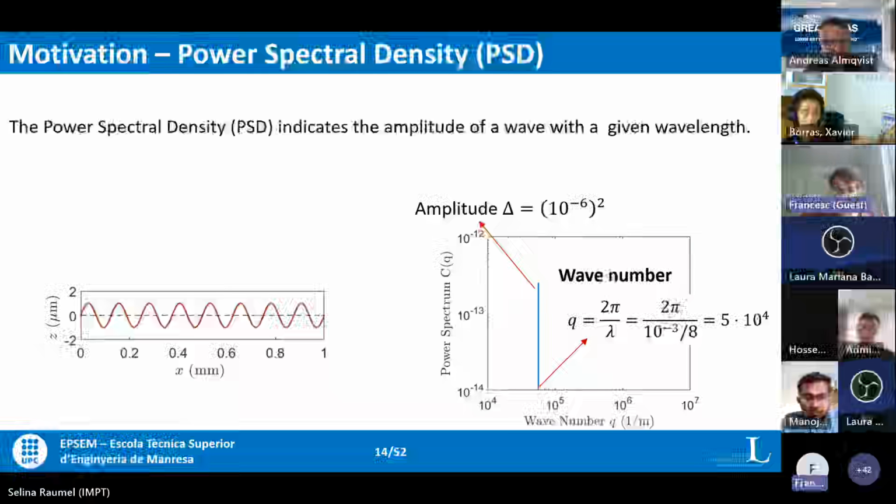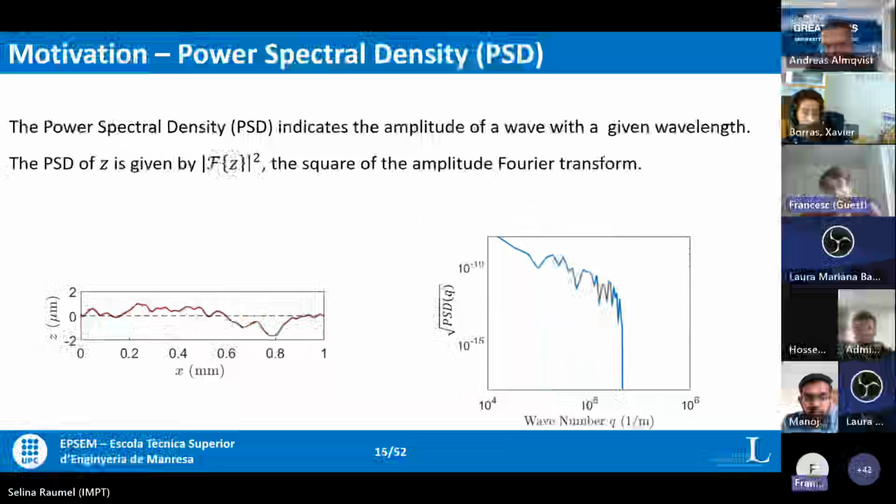If we look at a real profile, not a simple sinusoidal wave, then what we see is that the power spectrum is actually a lot more complicated, and it has this more or less complex shape.